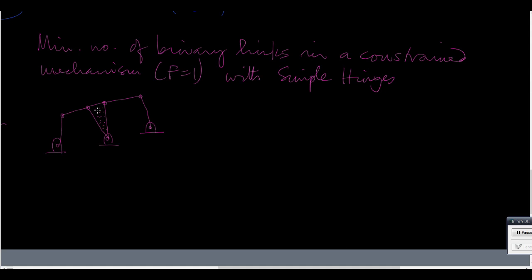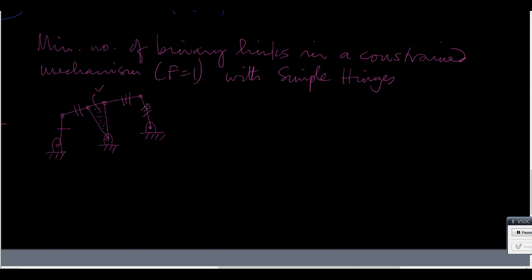Okay, this is a ternary link. This one is a ternary link. How many binary links are there? 1, 2, 3, 4. Is it possible to have links with more than 4 binary links?